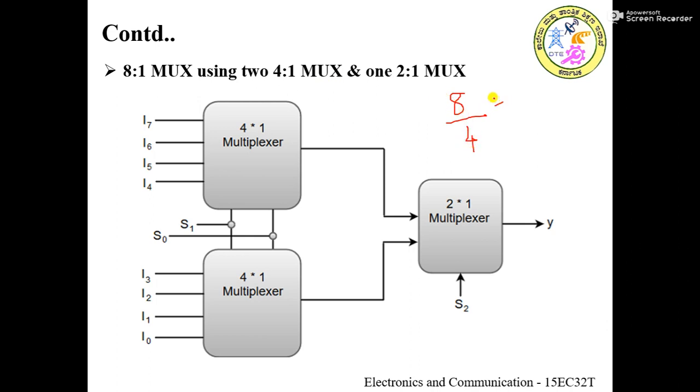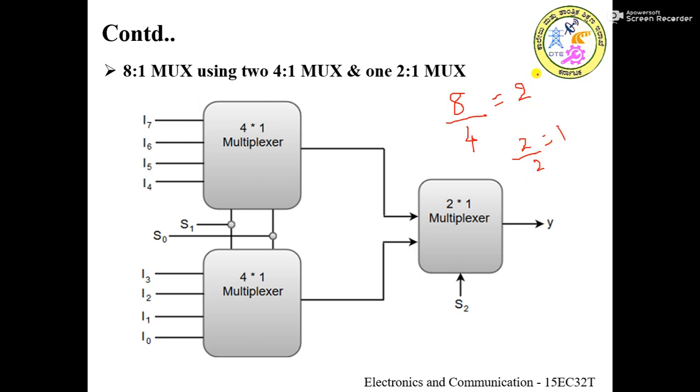So 8 by 4 will give you a value 2, means I need 2 4:1 muxes which are going to share common select lines. Then this quotient 2 has to be again divided by 2, for the 2:1 mux. I got a value 1 here.